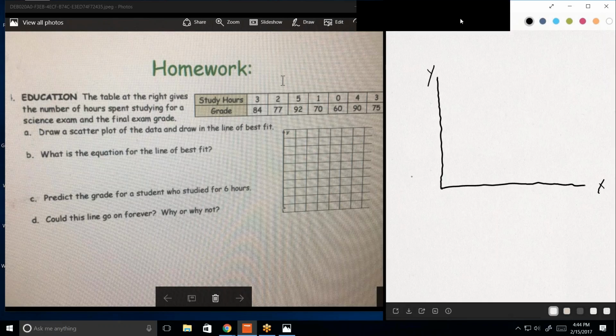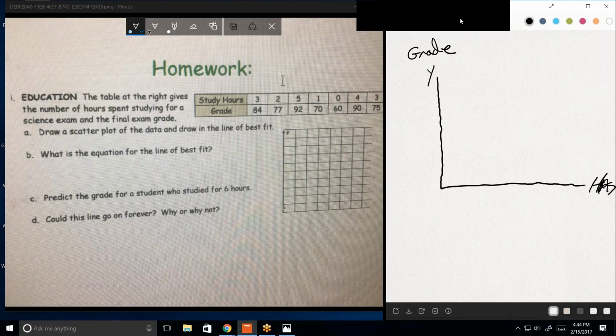Study hours or grade? On hours. Okay. So we'll label that hours, and we'll label this grade. They gave you a grid so you could be exact, but I'll label this.